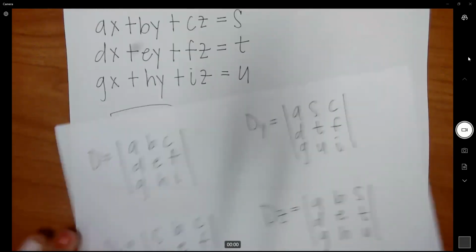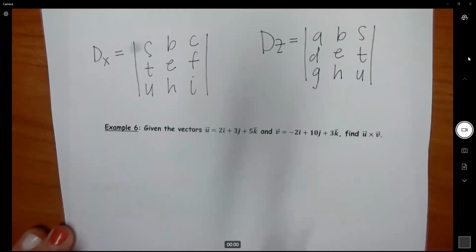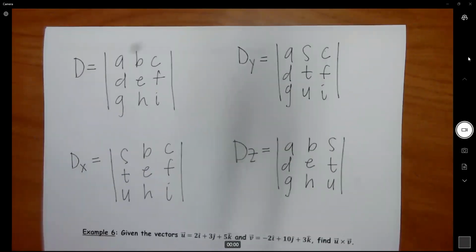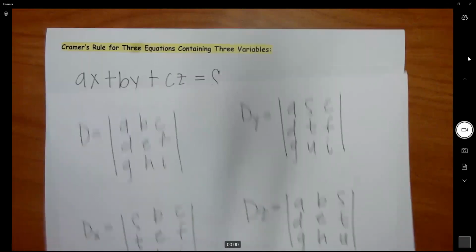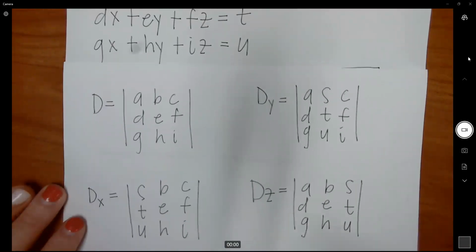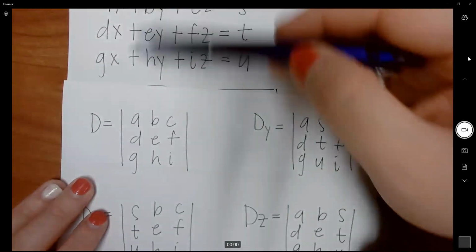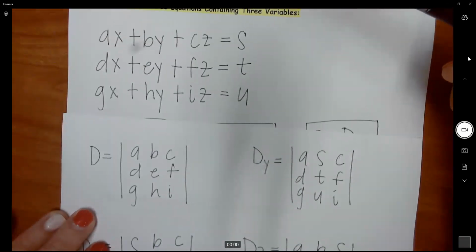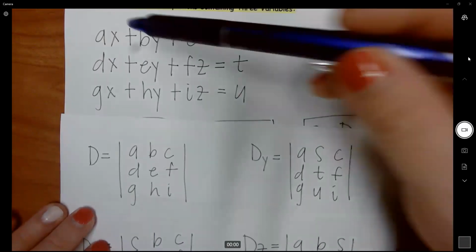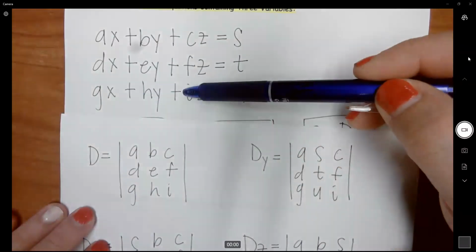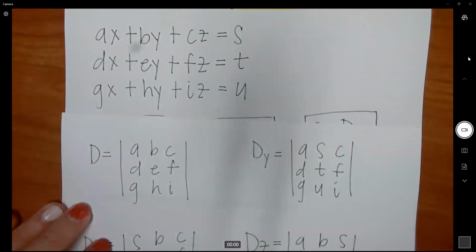For your d, and this is what's going above example 6, pause the video, write that down. Okay, your d is what your coefficients are in front of your x, y, and z. So you have A, B, C, D, E, F, G, H, I for your d.